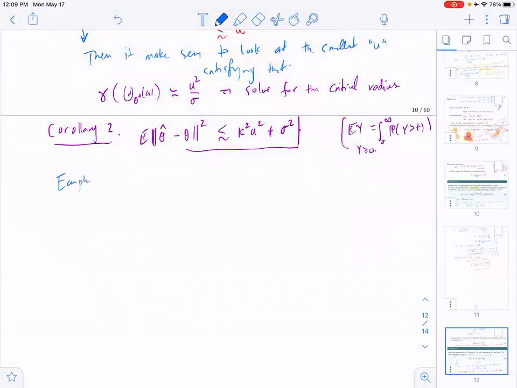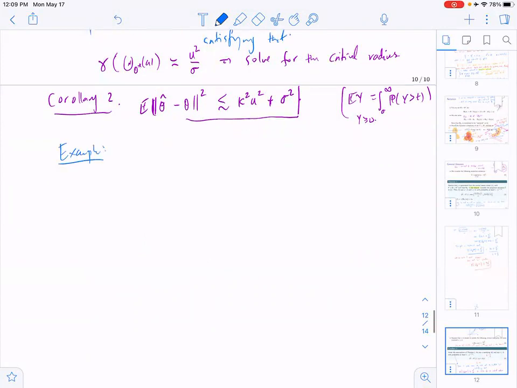Example. So what I would like to do is consider sparse regression, but with the L0 norm.